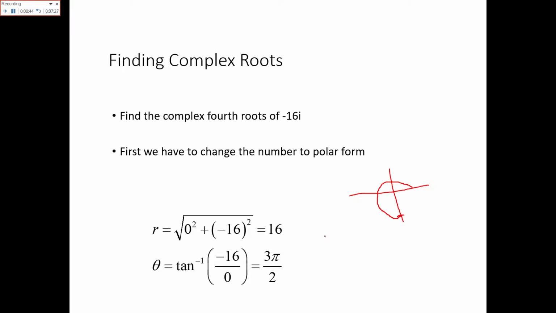So that is why tan inverse of minus 16 over 0 is 3 pi by 2, because at a right angle, the 90-degree angle or multiples of 90 degrees like pi by 2, 3 pi by 2, 5 pi by 2, tan is basically undefined. Here r is 16 and theta is 3 pi by 2.